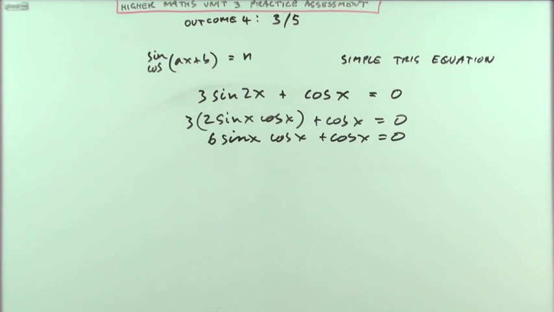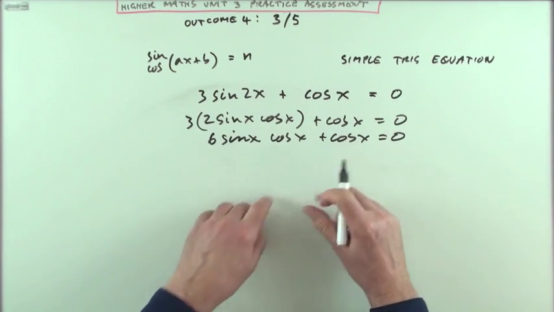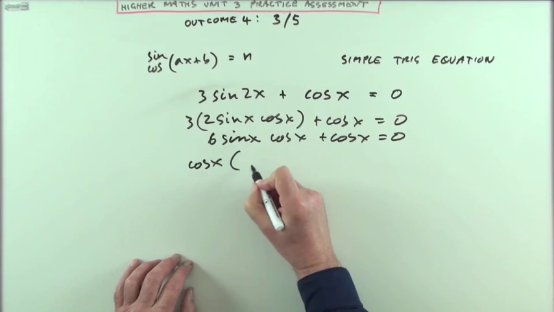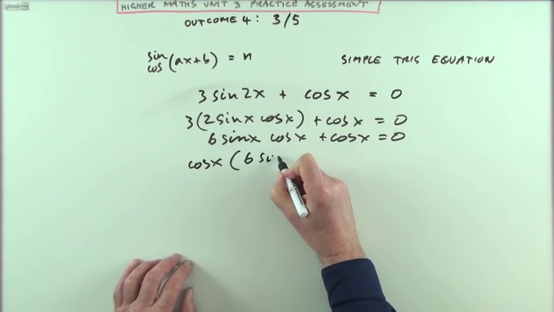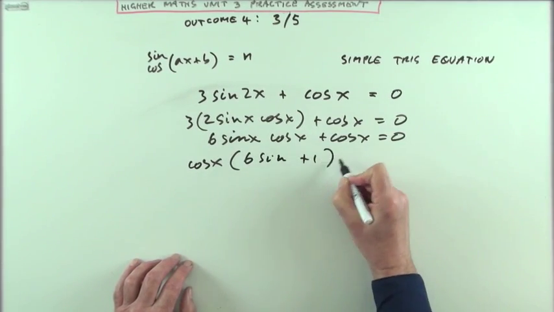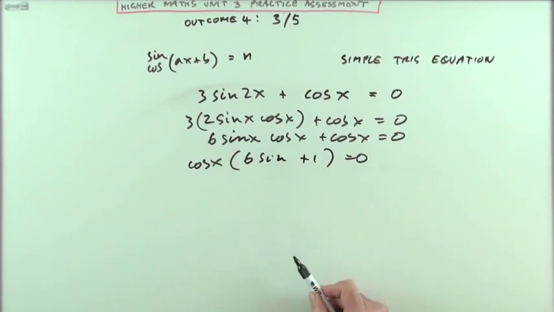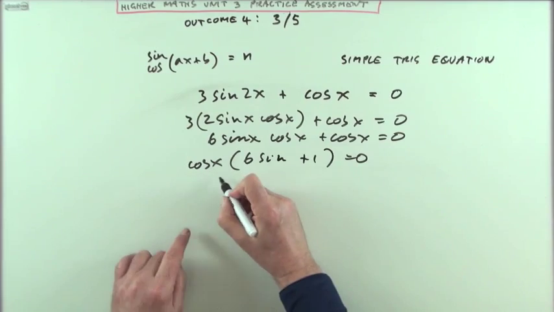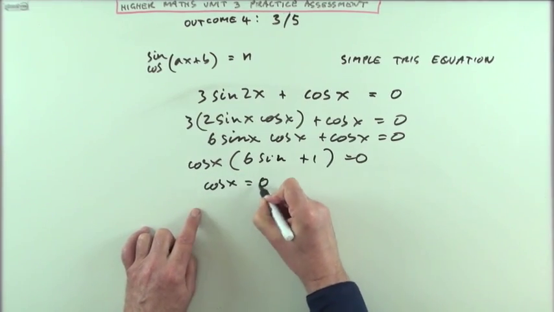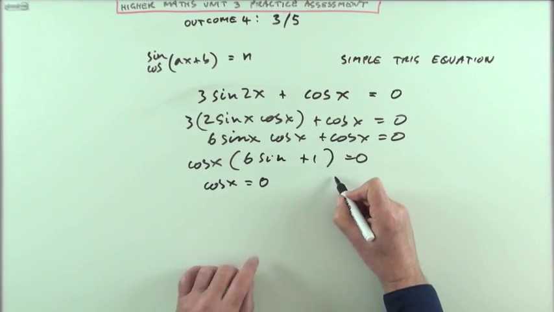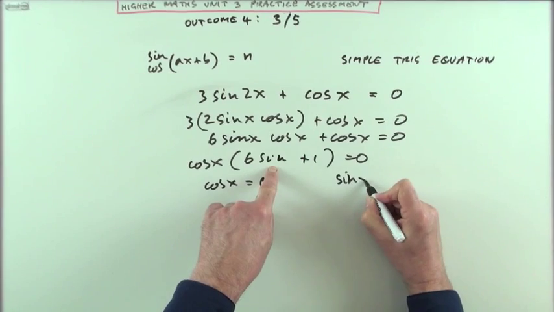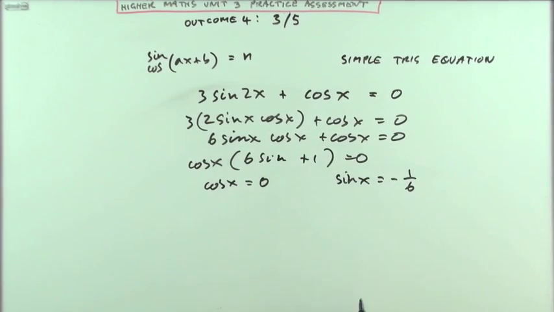Still doesn't look like a simple trig equation until you factorise out this cos x. Cos x times (6 sine x + 1) equals 0, and since they're equal to 0, that means either of the multiplying parts can equal 0, so you can split it into 2 simple trig equations. Cos x equals 0, or sine x equals negative a sixth.